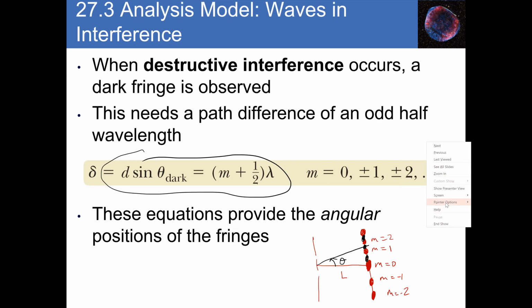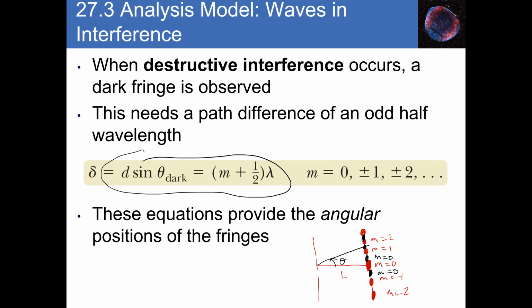Now for the dark fringes, for example, there's one above and one below the central bright, but there is no central dark. That means this is m equals 0 above and m equals 0 for dark below the central bright.